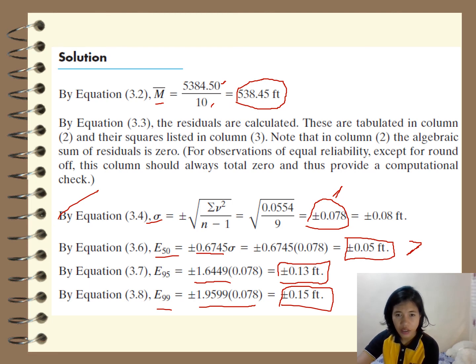So, if the data falls within 0.1013 plus minus 0.013, those are data that are precise. So, the data that falls outside of plus minus 0.15, those data are rejected.